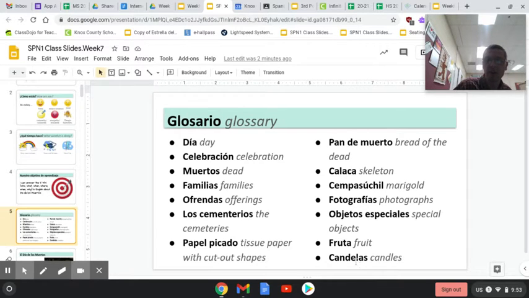Fruta is fruit, and then candelas are candles. So those are the words that we're going to be working with today.